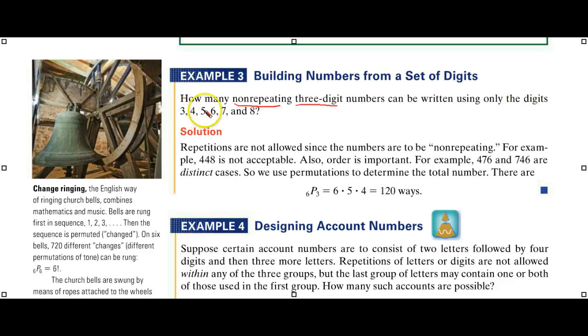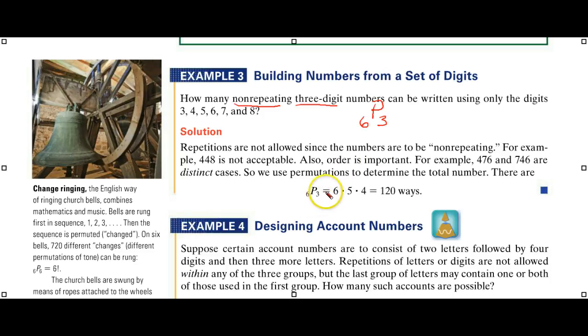And we have 1, 2, 3, 4, 5, 6. So this will be 6 permutations, and we're picking out 3. And that's what we have here.